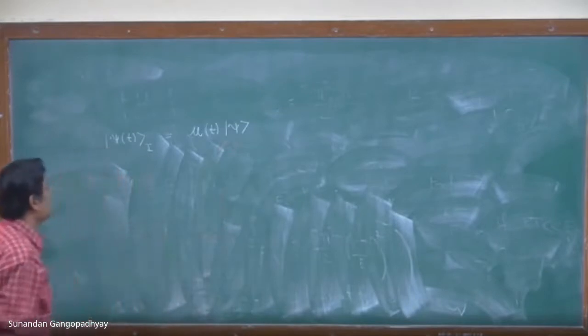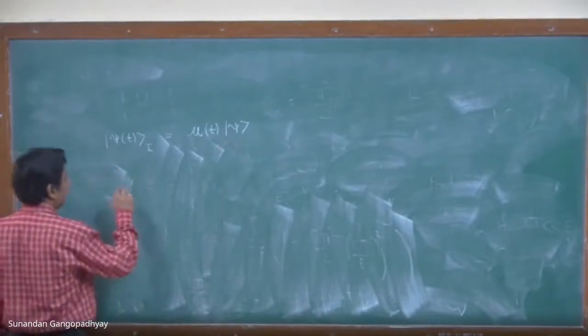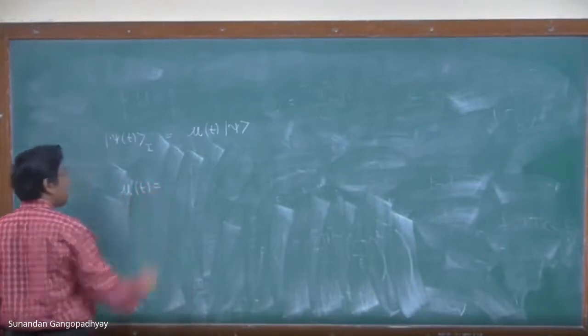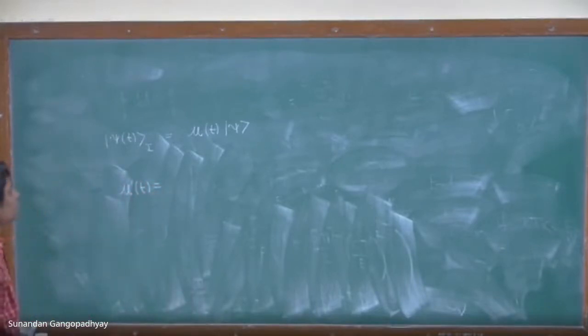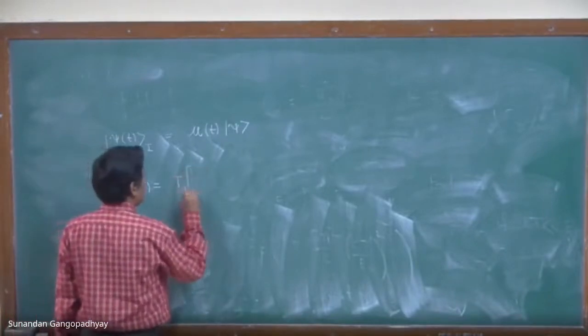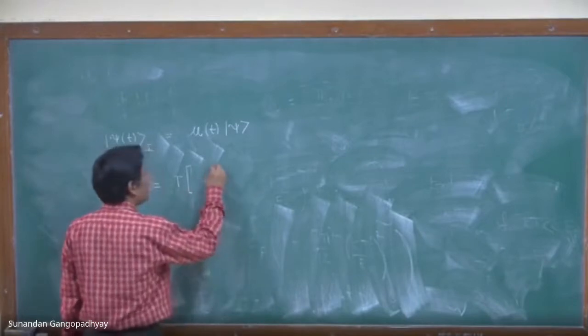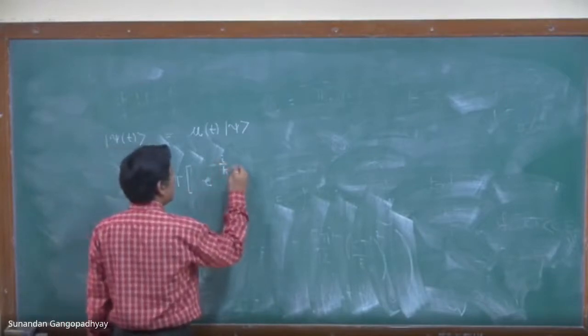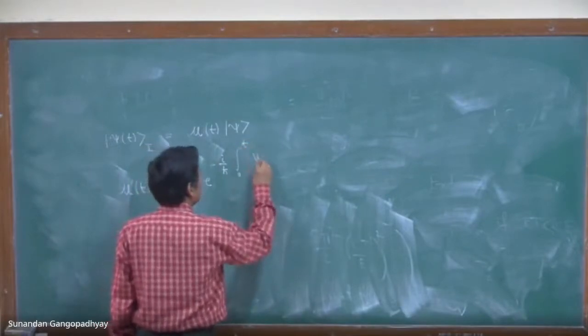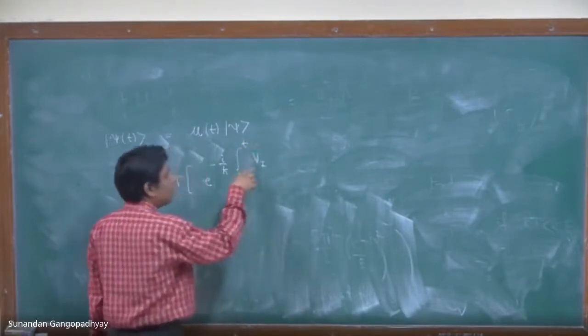And in the previous lecture, we have obtained an expression for this unitary operator, and it was of this form. It was a time ordered product of e to the power of minus i by h bar integral 0 to t v hat. Once again, I'm not writing the hat here.